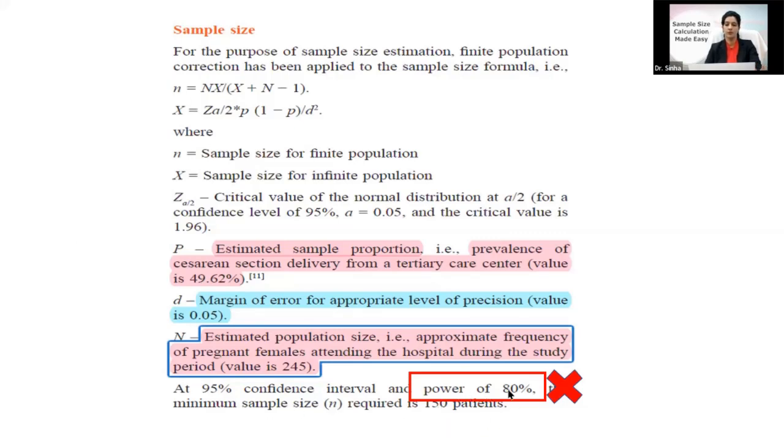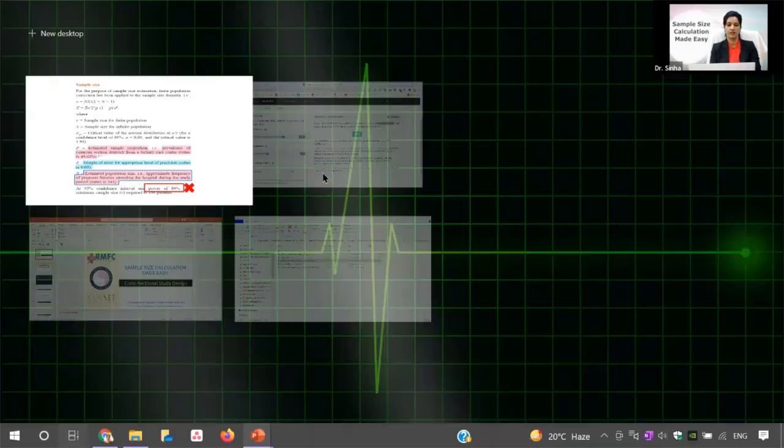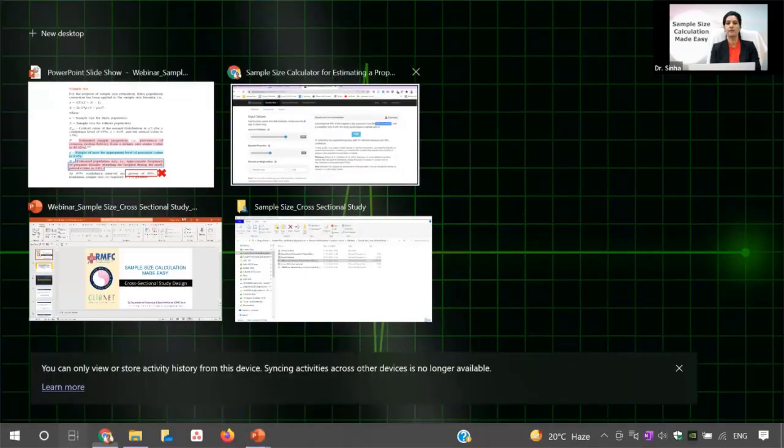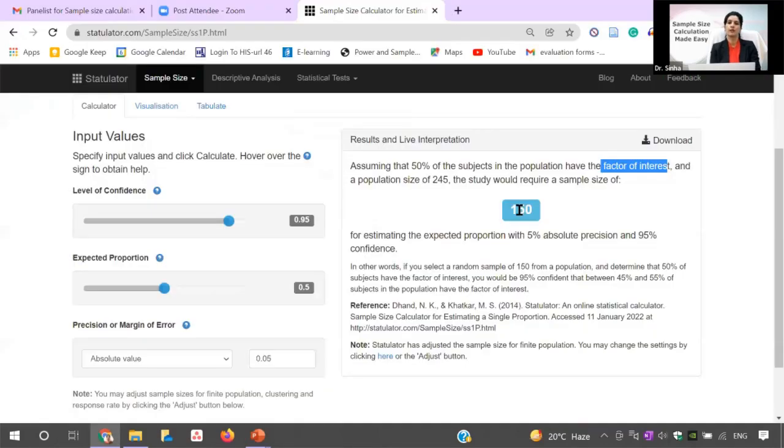So this is requiring 150 patients. Can you see this 150 patients? And in Statulator also, if you see, what is the sample size? It is 150. So now you can see and you can check also. Whenever you get to know about a sample size, or you review many articles, please see their assumptions and check it once. So this was regarding one example.